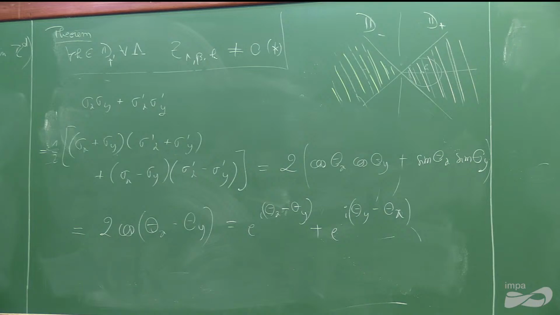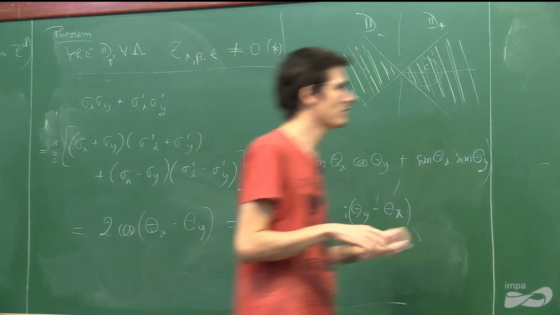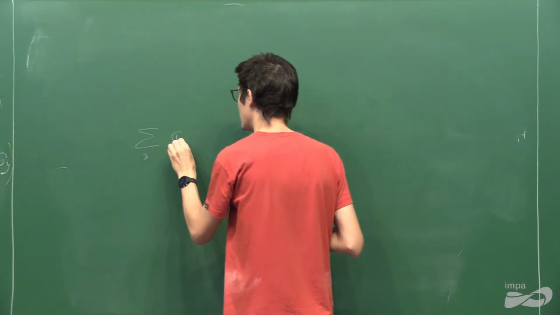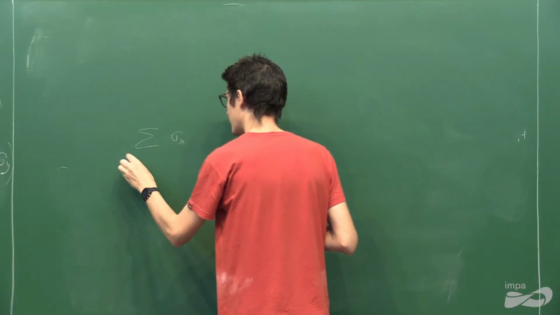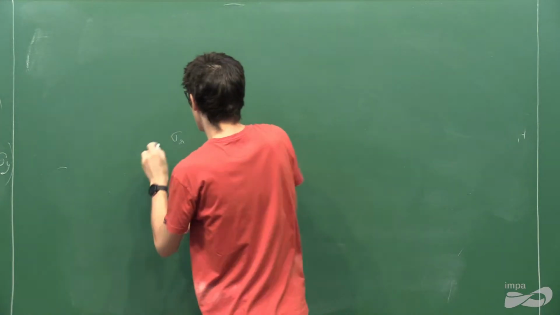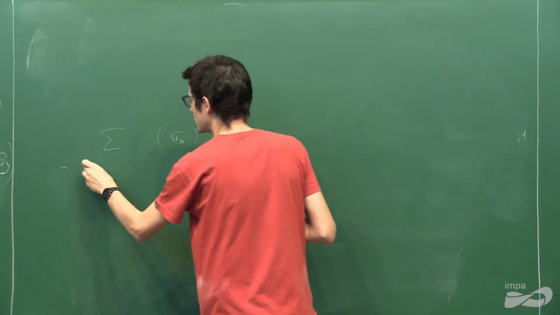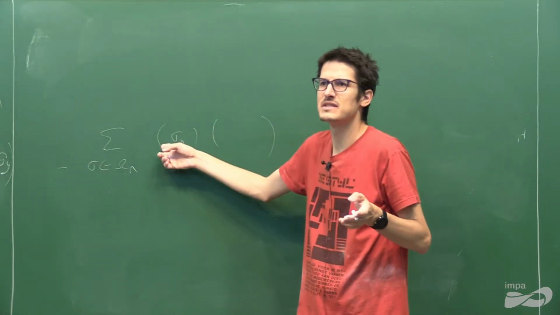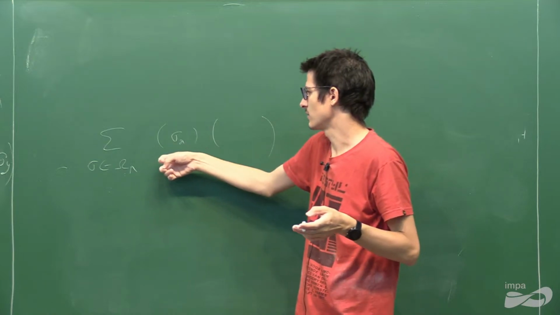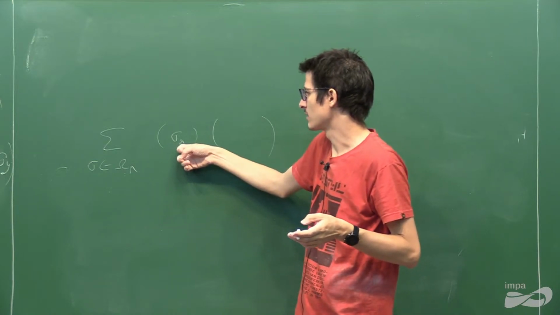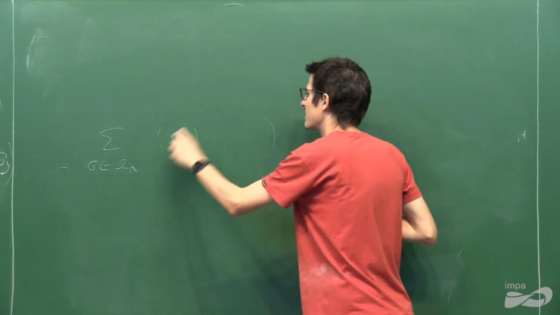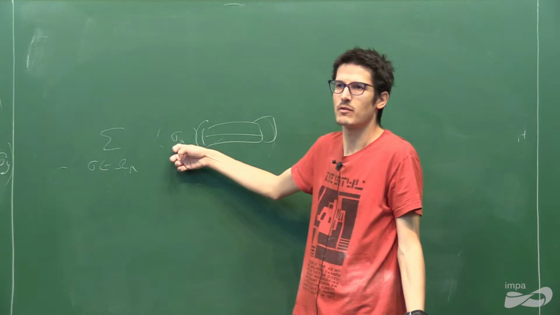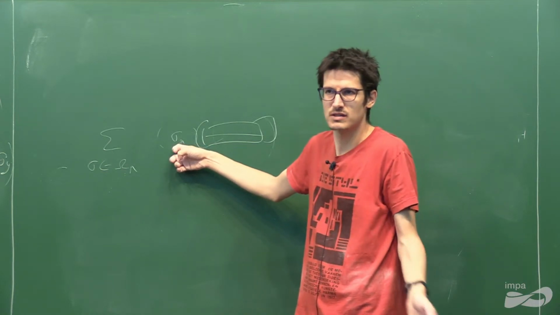Each time you have a factor sigma x, and in front you have a sum over sigma in omega, then you know that your sum is 0. If you have sigma x and then something that does not depend on sigma x, then this factor will make the sum 0, just because it's plus 1 plus minus 1.